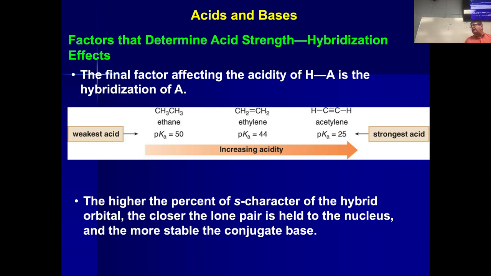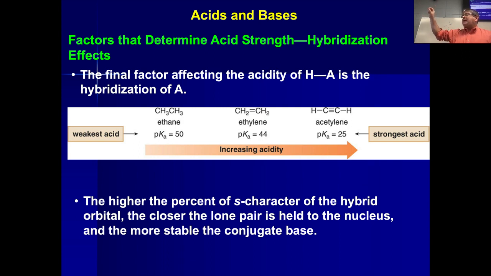What's happening to the hybridization of those carbon atoms as I go from left to right here? What's the hybridization of the carbon atom for ethane? sp3. Ethylene? sp2. Acetylene? sp. Right? So, what does that mean?